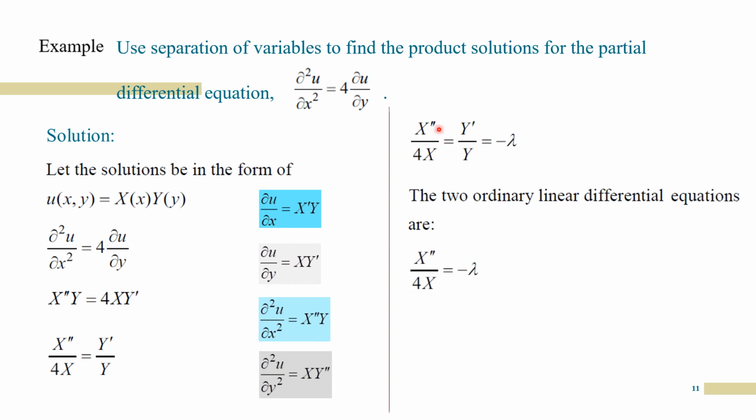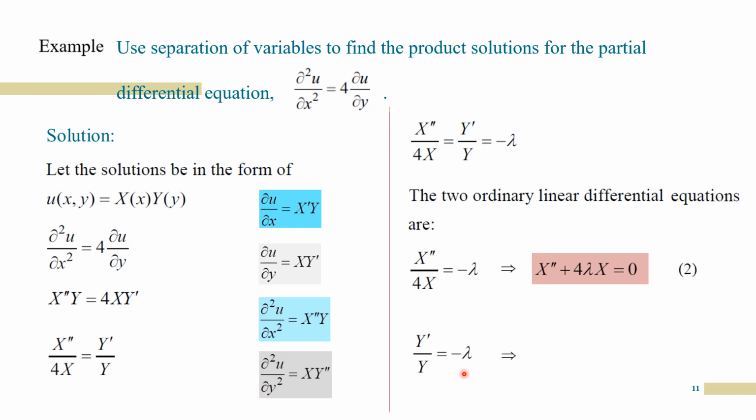The first one is X'' divided by 4X equals negative lambda. Simplify to get the following expression, X'' + 4λX = 0. So let us label this equation as equation number 2. And the other equation is Y' divided by Y equals negative lambda.